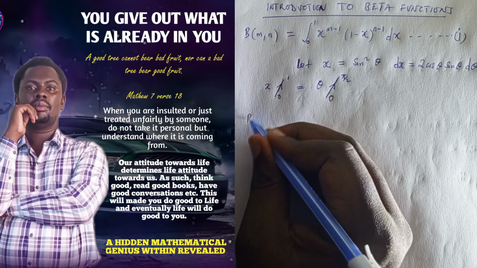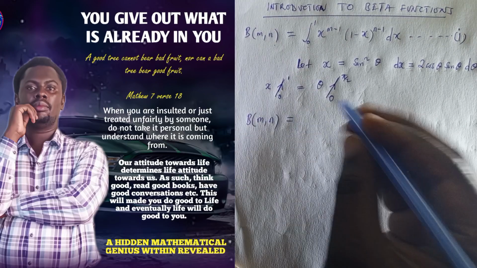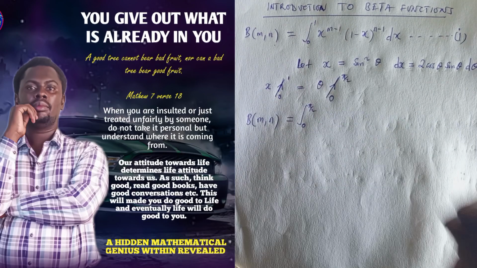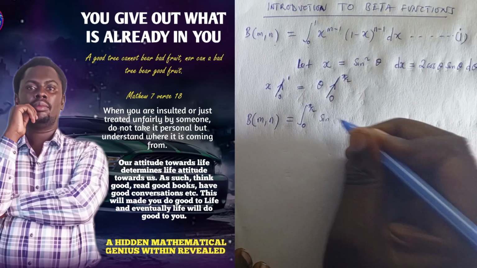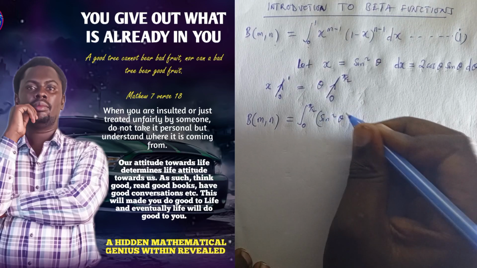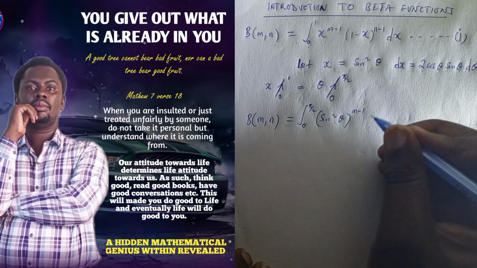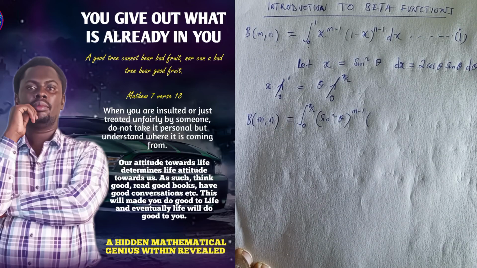Okay, so we have beta of m and n is equal to, so the limits we have from 0 to pi over 2. Then where there is x, you put sine squared theta. This is to the power m minus 1. Then where there is 1 minus x, it will be 1 minus sine squared theta.